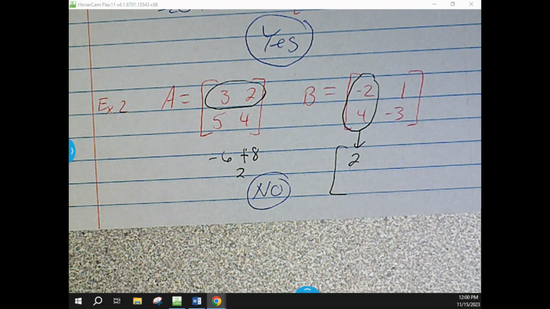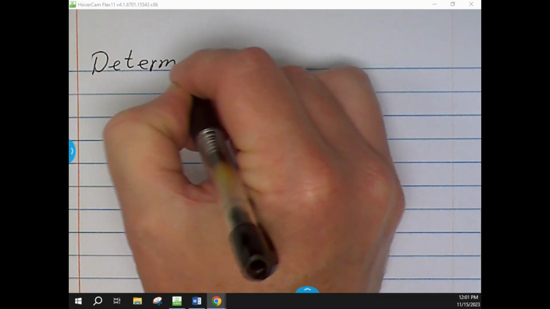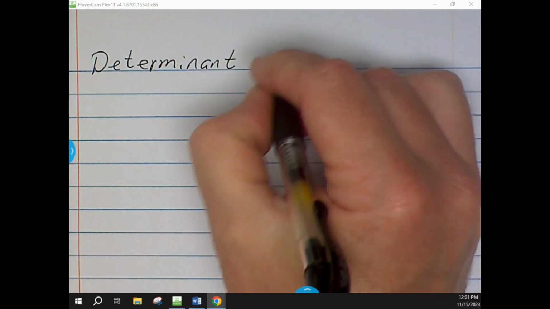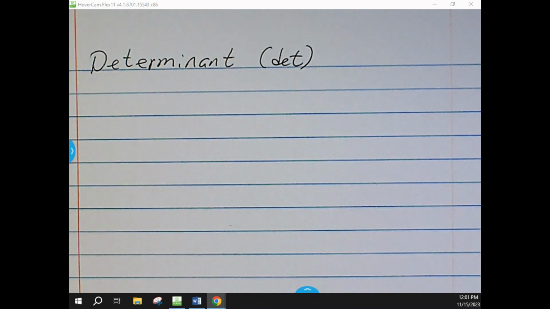Okay, so there, and again, whether it's a 2 by 2 or a 3 by 3, it's still that same process of just multiplying your rows and your columns to get the numbers that you're looking for. The next thing we're going to look at, new definition for this one here, is a determinant. Okay, if you don't know this or not, math people get tired of writing long words.